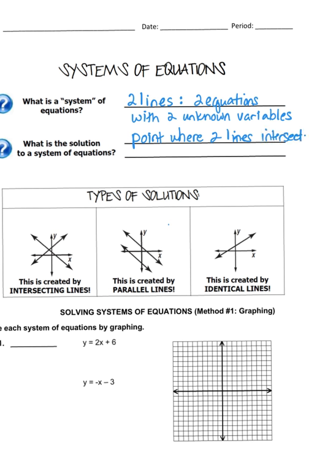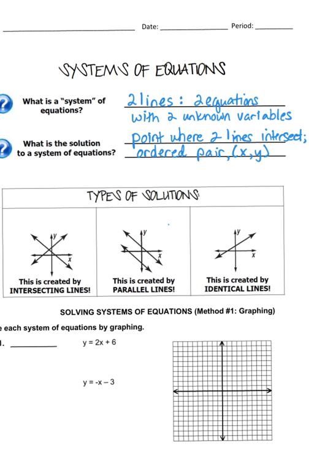It's usually designated with an ordered pair where you have an x and a y value. So a system of equations is two lines or two equations with two unknown variables, and the solution to the system is the point where the two lines intersect.